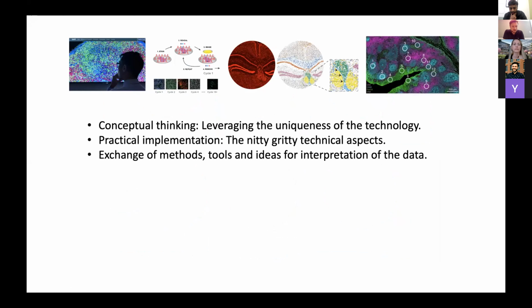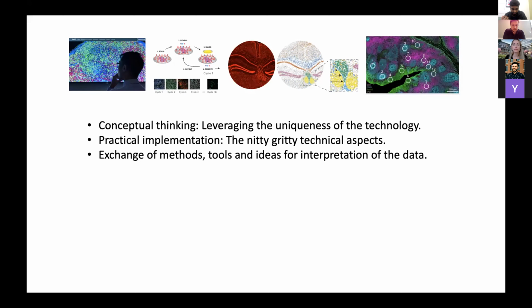And for today's talk, I was thinking about what should be the driving conversation when we talk about these different technologies. So I thought of three major areas that might be relevant when we initiate the conversation. The first one is conceptual thinking. Essentially, how do we leverage the uniqueness of each technology? Every technology has its own advantages and disadvantages.